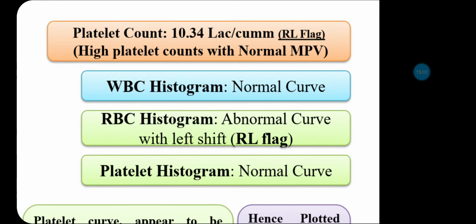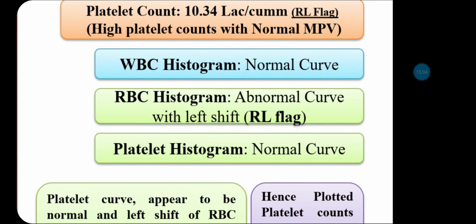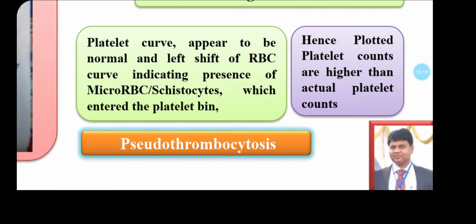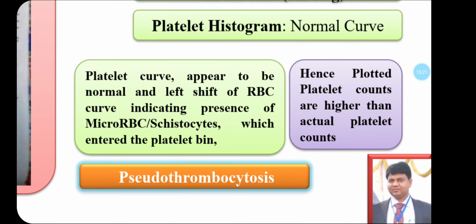Hence the plotted counts are too high compared to what they may be. Their actual counts might be around 4 to 5 lakhs, but because of the entry of these RBCs in the platelet bin, the counts are too high, and this is a typical case of pseudothrombocytosis.